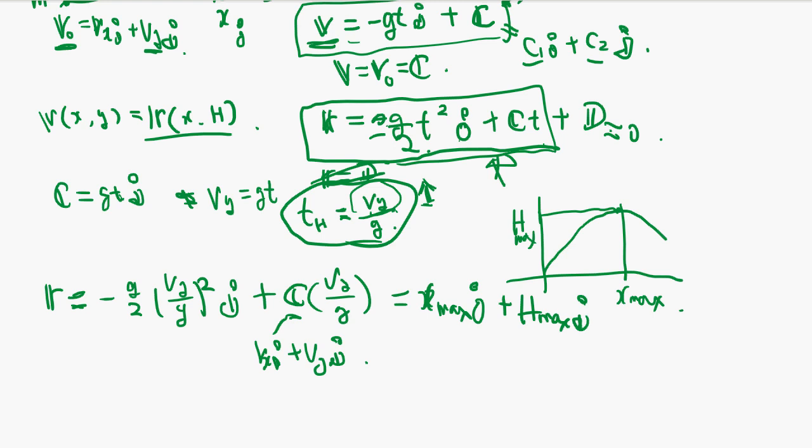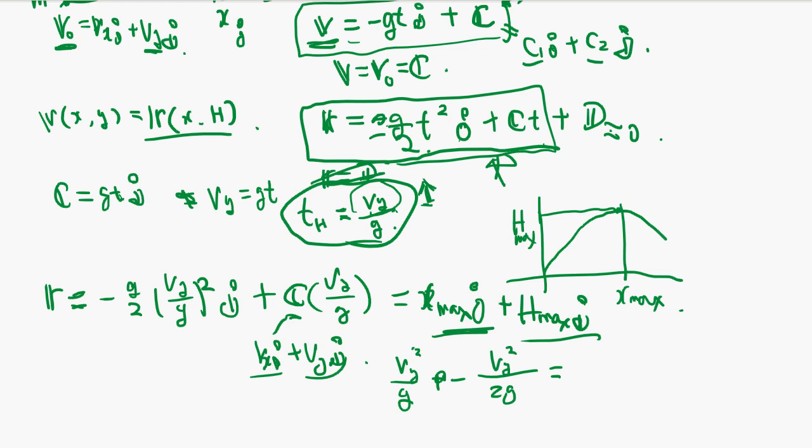There's no I component, it's only this one. And the J component is going to be Vy square over G plus this minus 2G Vy square.